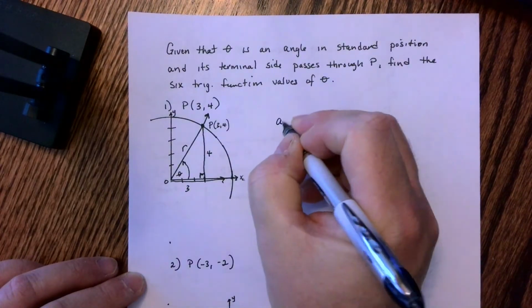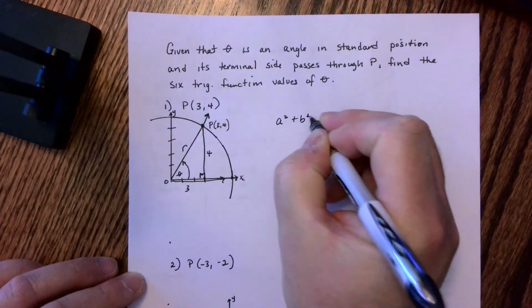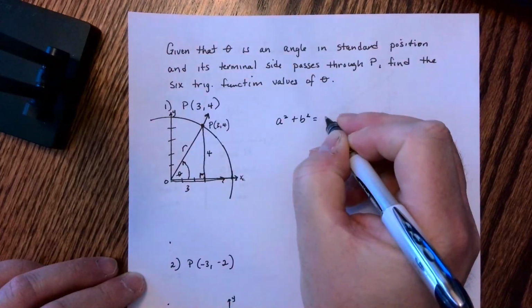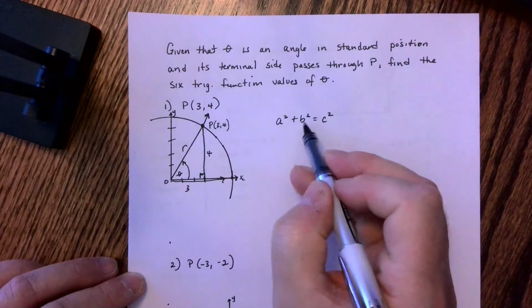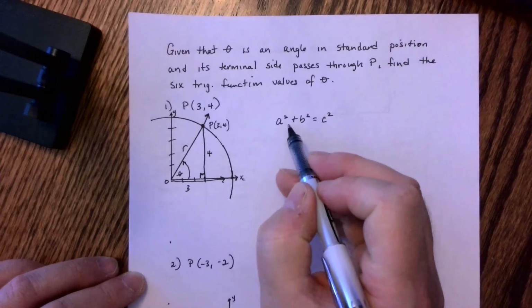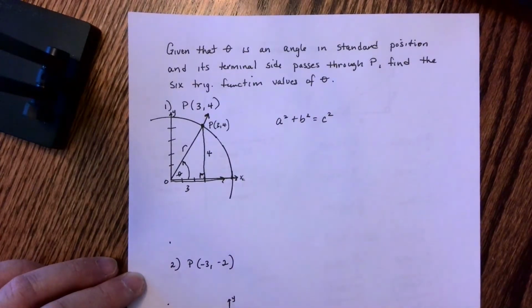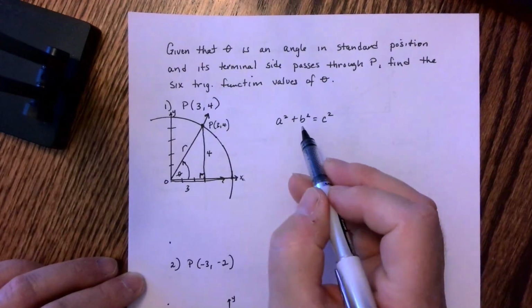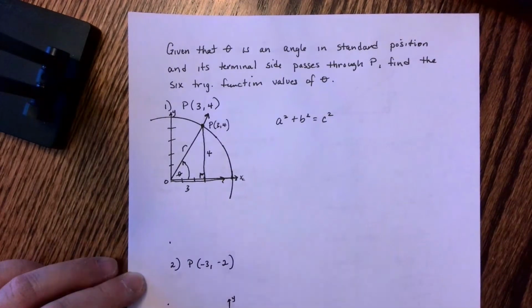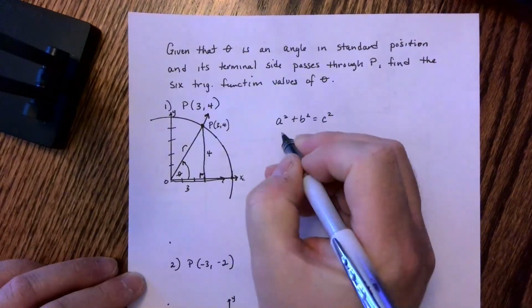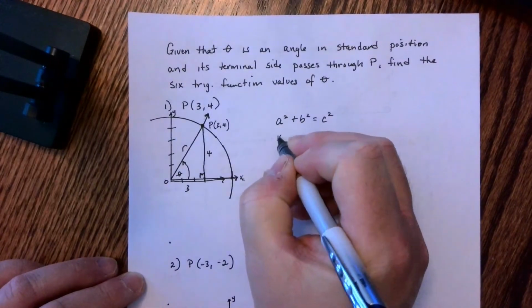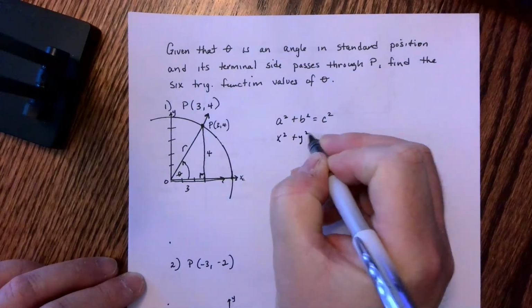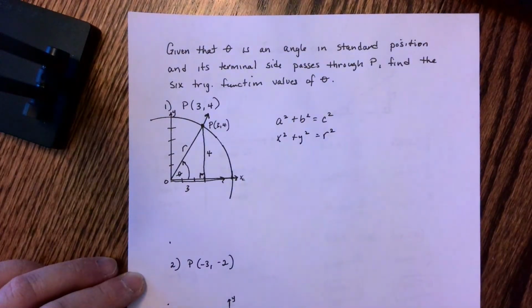Well, let's go back. We learned in geometry the Pythagorean theorem, which basically said the sum of the areas of the two legs is equal to the area of the hypotenuse. In algebraic terms, a squared plus b squared equals c squared. We translated that to, if you remember, x squared plus y squared equals r squared.